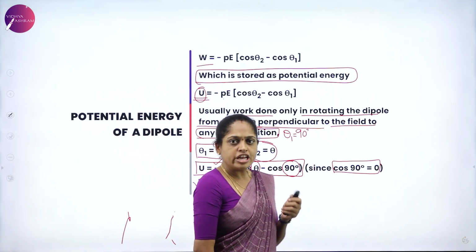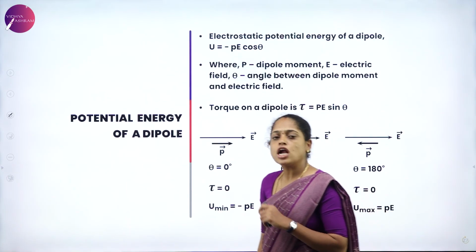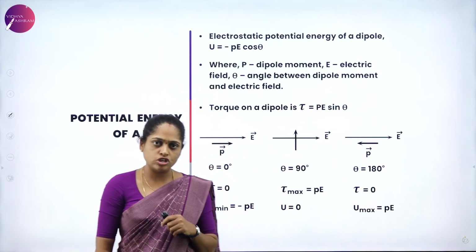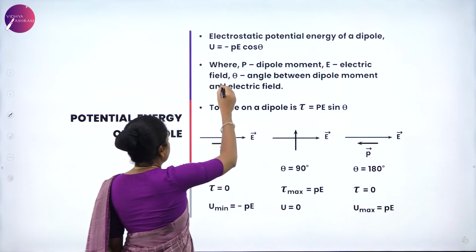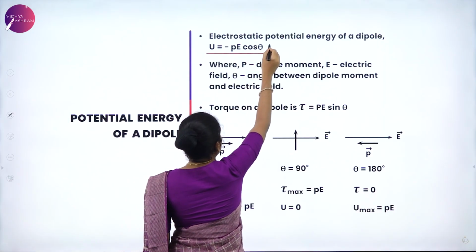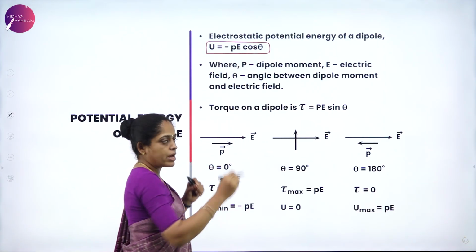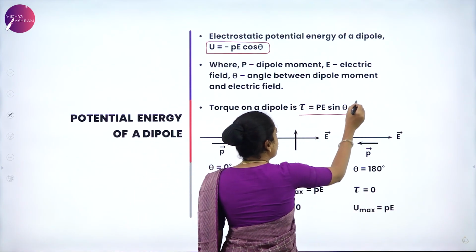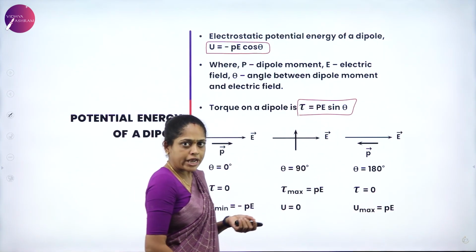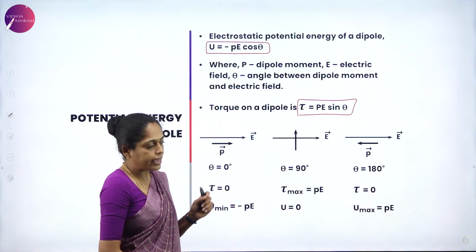Keeping this potential energy expression, let us discuss at what position the potential energy is minimum and maximum. So potential energy of a dipole in a uniform electric field is minus PE cos theta, and torque acting on that dipole in uniform electric field is PE sin theta.